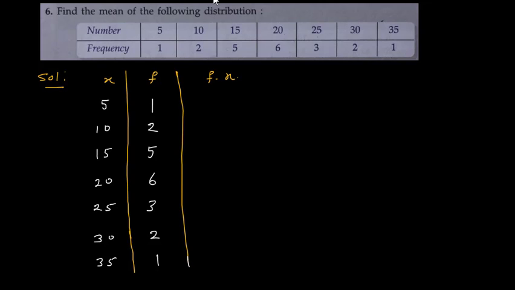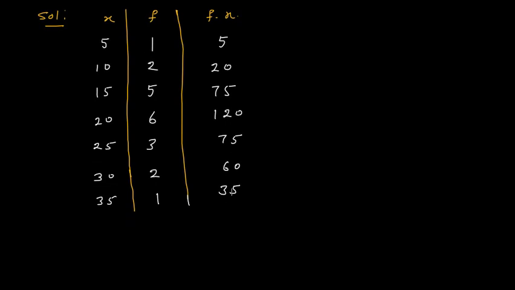Now we multiply it, so 5 into 1 we get 5, 10 into 2 we get 20, 15 into 5 is 75, 20 into 6 is 120, 25 into 3 we get 75, 30 into 2 we get 60, and 35 into 1 we get 35. So this is fx.